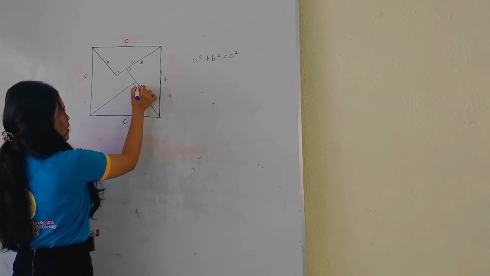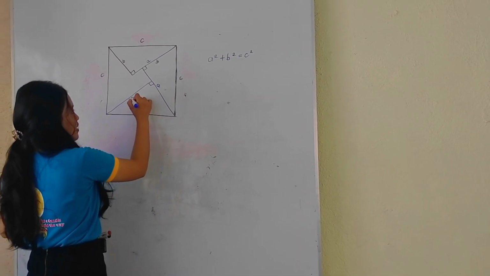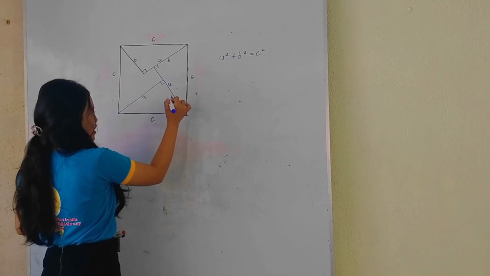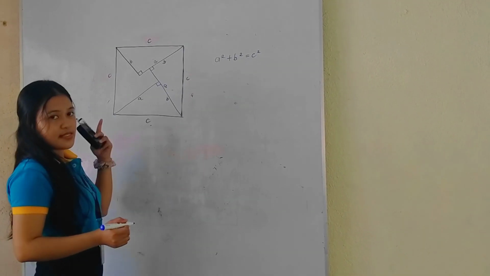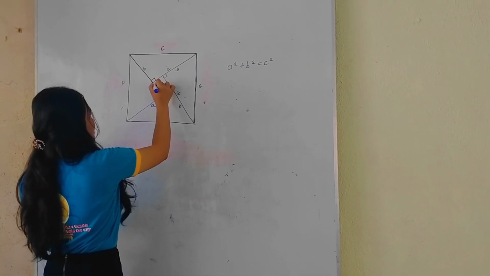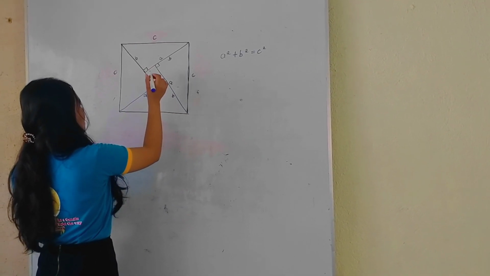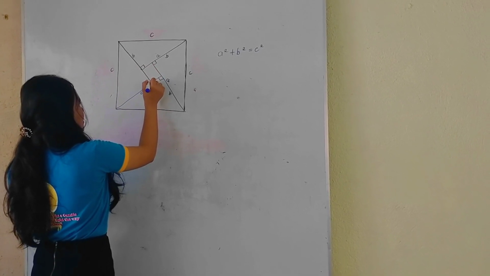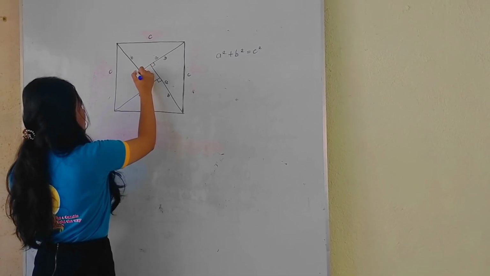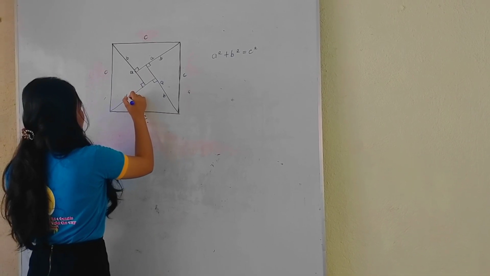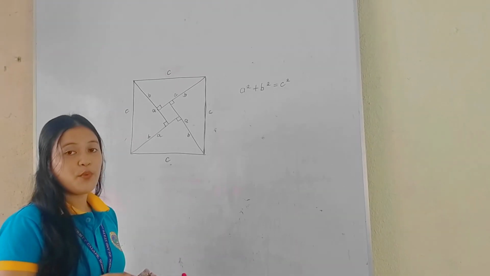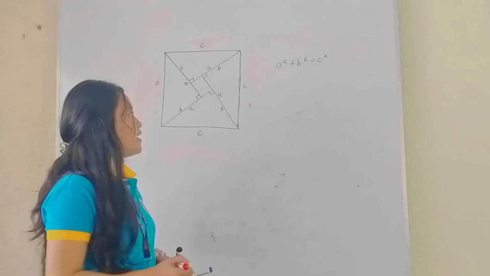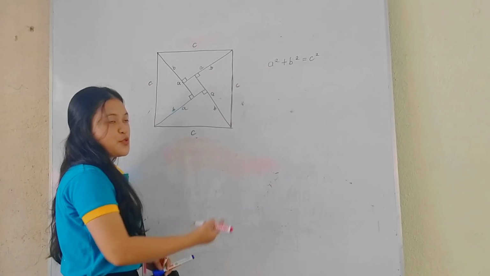So this is a right triangle with a base of A, B, and C units. And on this side, this will be a right triangle with A, B, and C units. But what we are interested in is finding the area of the larger square.